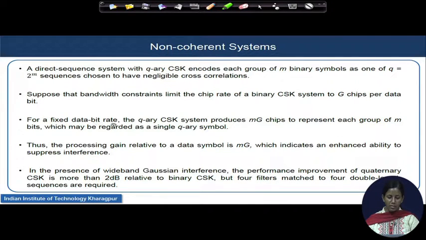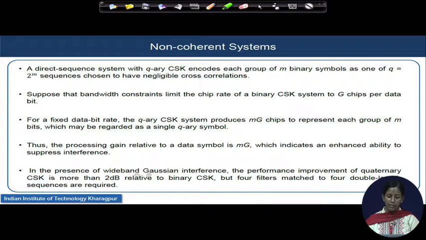For a fixed data bit rate, if your Q-ary CSK system produces m times G chips, then each group of these m bits can be regarded as a single Q-ary symbol, and the processing gain relative to the data symbol will be simply m times G. This indicates an enhanced processing gain, and an enhanced ability to suppress interference also.